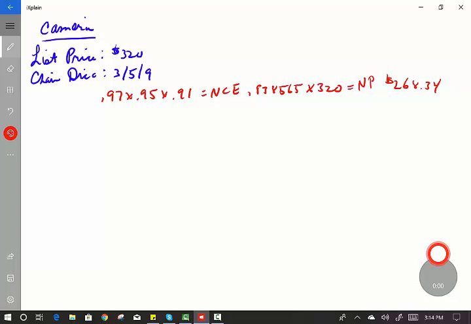Again, just take the difference between the net price and the list price, and that would give you the trade discount of $51.66. But you can also take that from the single discount equivalent.